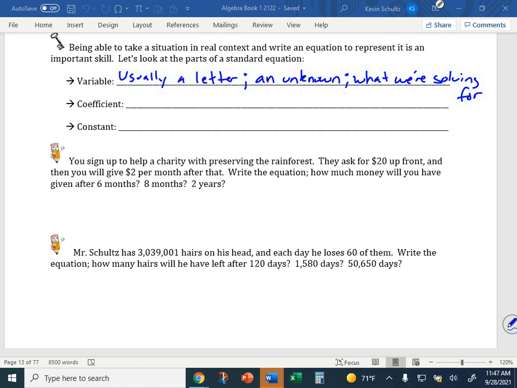How about coefficient? How about constant? Any ideas? Okay, a coefficient comes before the variable, and it tells us how many of the variable we have. Okay, it comes before the variable, and it tells us how many we have.